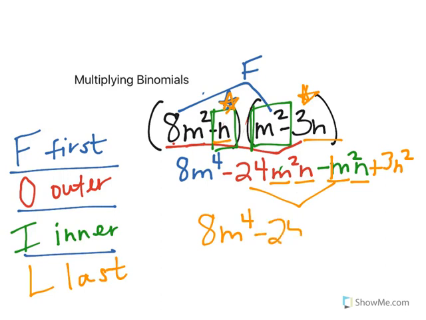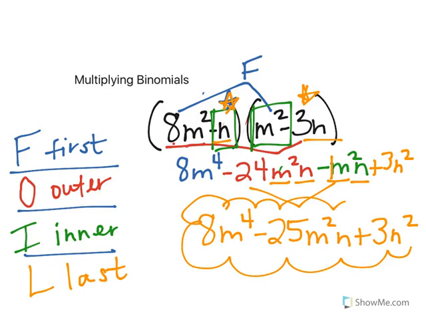But I can combine these and I get negative 25 m squared n plus 3n squared. And that's a more complicated problem, and you won't have a lot of those, but you just need to make sure that you're able to recognize that when you multiply or FOIL, you are adding those exponents.